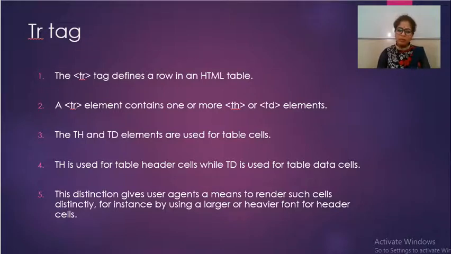Whenever we create a row, inside the row we have to enter either data or headings, so we use th and td tags inside the tr tag. The th and td tags are used for table cells. As I have already told you, td is used to enter data into the cells, and th is used to enter headings into the cell. It is also a type of data, but in the form of headings.